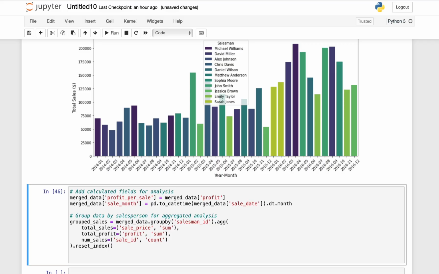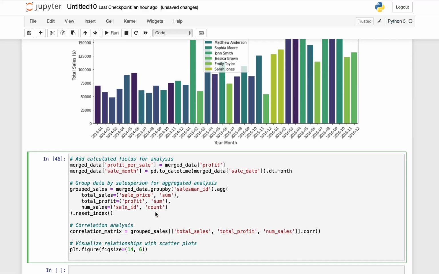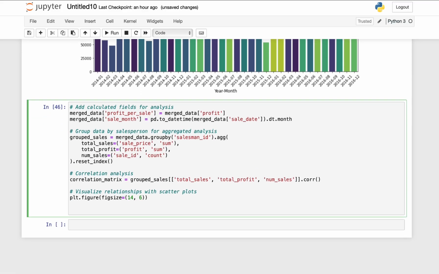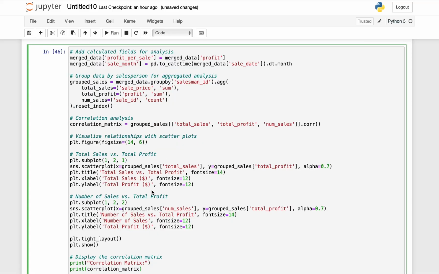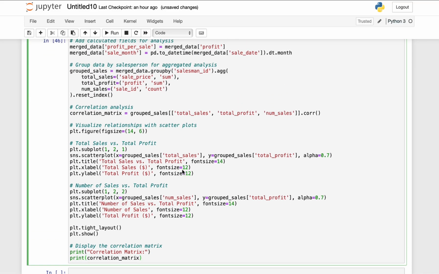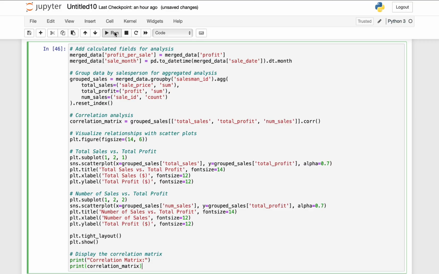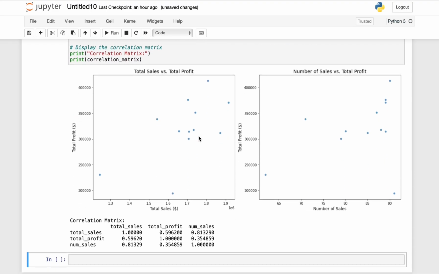And we want a correlation analysis, and we want to visualize the relationships in scatter plots. And let's set up our scatter plots and make sure we're able to display them. Okay. Let's run this.